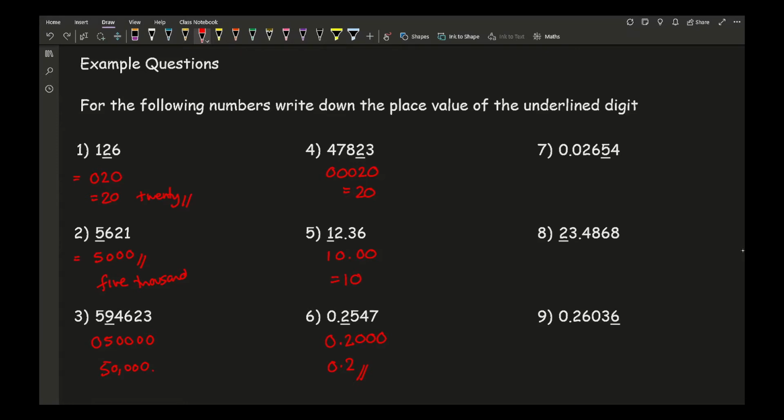Then question 7, again, I'm going to keep the underlined number. All the other digits turn into zeros. So that's just going to be 0.0005. Now it's important that you're able to read this. So this would be a tenth, hundredth, thousandth, and so this would be 5 10,000ths.